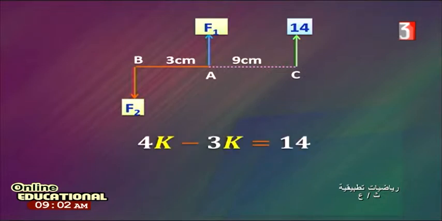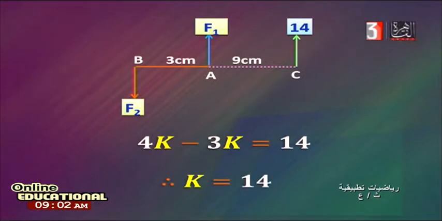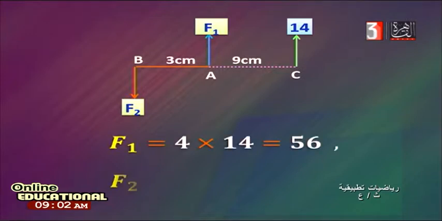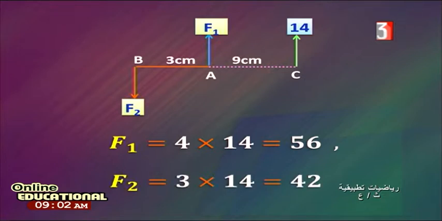Then by using the ratio, 4k minus 3k equals 14, then k equals 14. F1 is 4k, 4 times 14, equals 56, F2 is 3 times 14 equals 42. Then F1 is 56 and F2 is 42. If we subtract F1 minus F2, the resultant is 14.